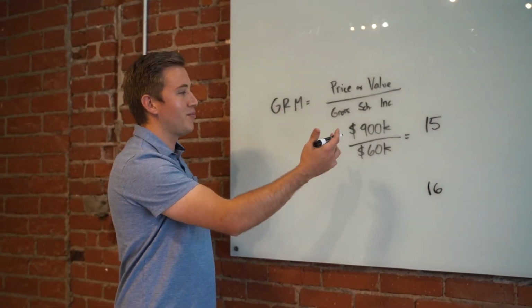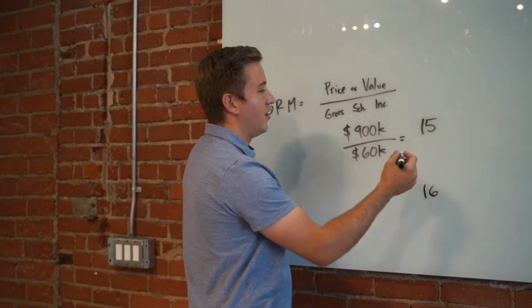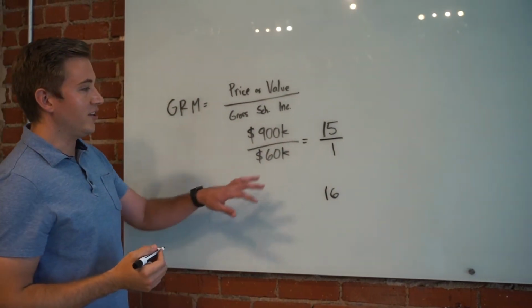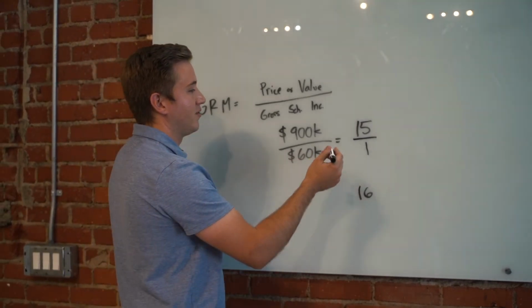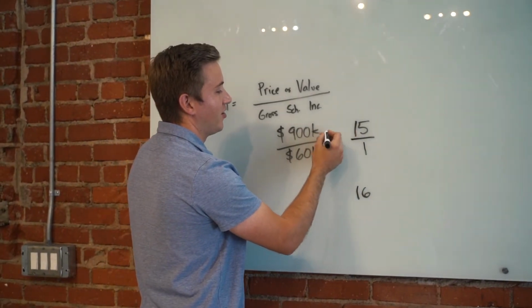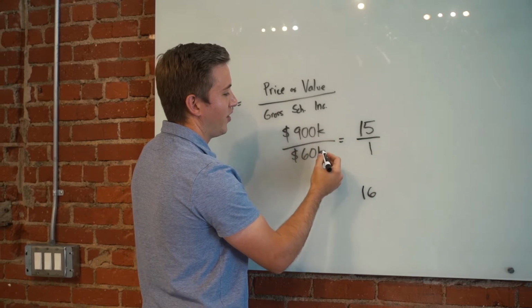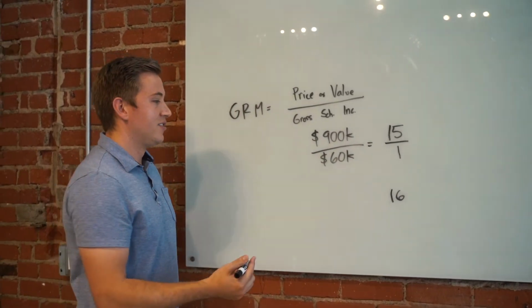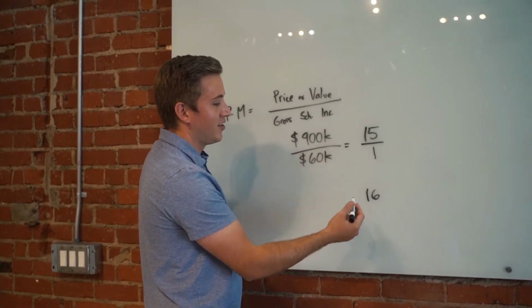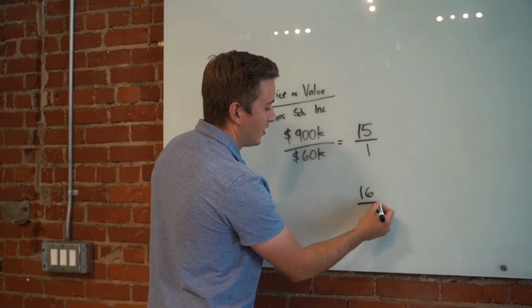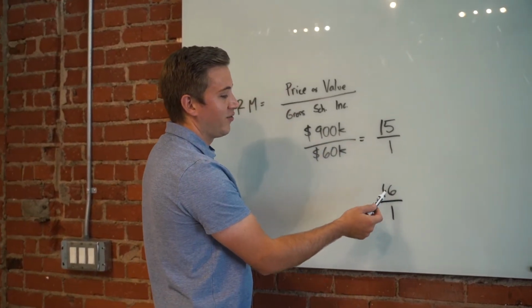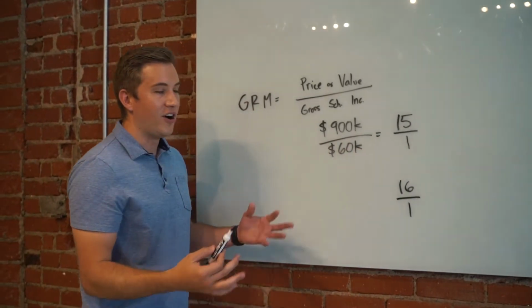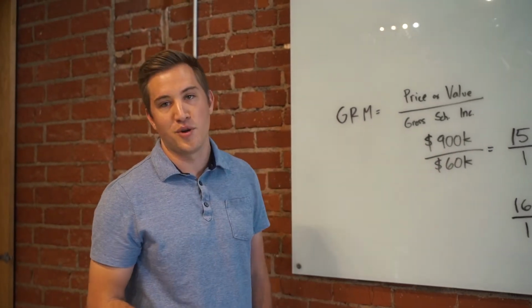Another way to think about gross rent multiplier, if we turn this back into a fraction and look at it from this perspective, is that we're paying $15 in purchase price for every $1 of income that a property generates. So if this property down the street is priced at 16 times gross, we would be paying $16 for every $1 of income versus $15 for $1 of income. So all else being the same, lower gross rent multiplier is better.